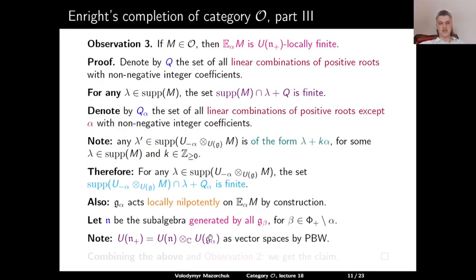And now we see that g alpha acts locally finitely, while U(n) definitely acts locally finitely. Combining this with observation 2, we get the necessary claim of observation 3.